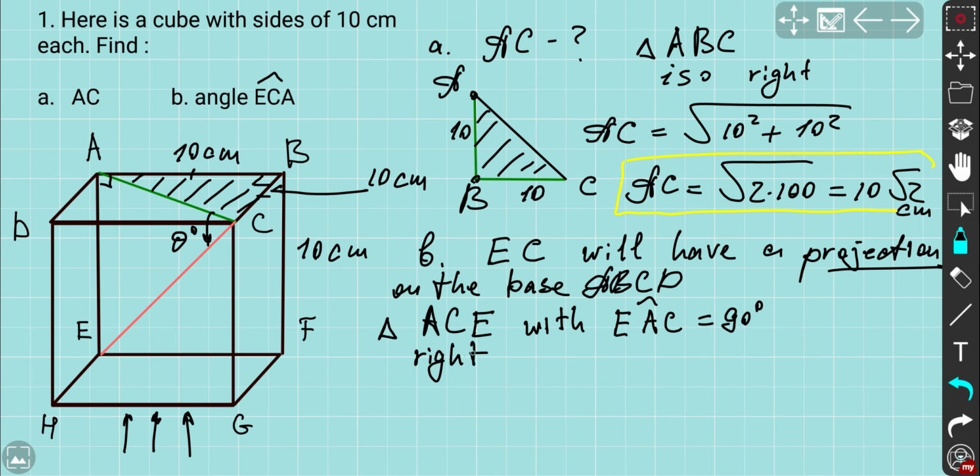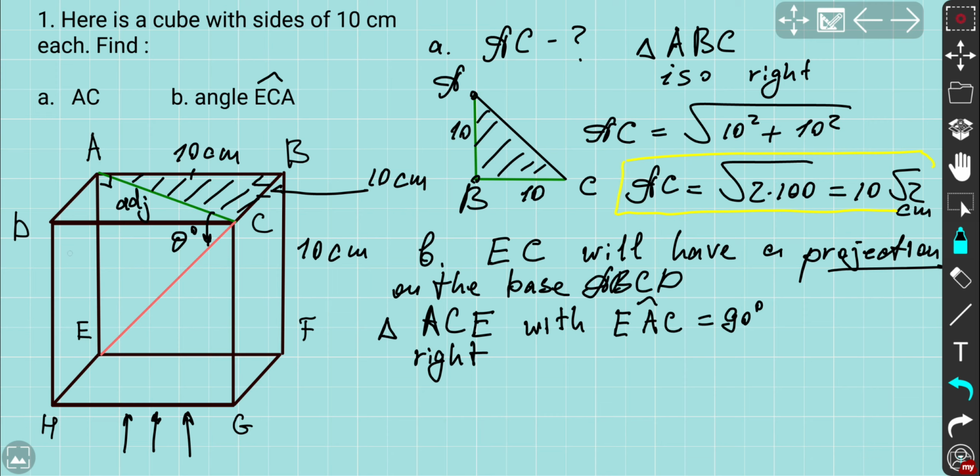So we can apply trigonometric ratios. How do we figure out angle theta? Right now we know AC, which we found in the first part of the question, and AC is going to be the adjacent side. I mark that AC, the green one, as the adjacent side in triangle AEC.